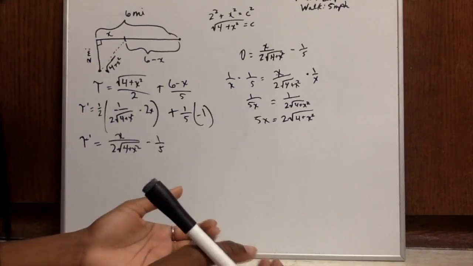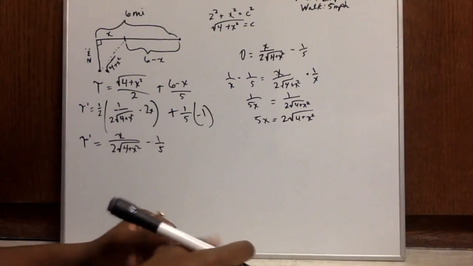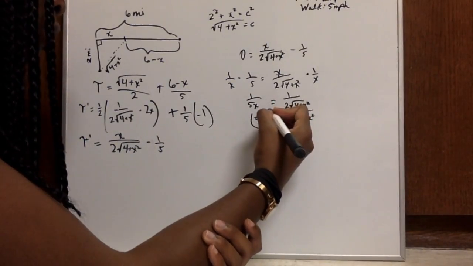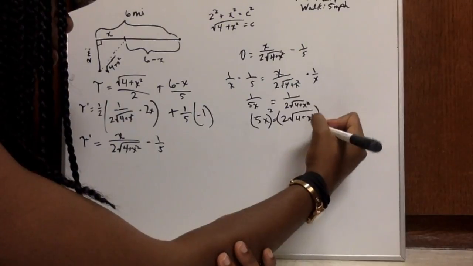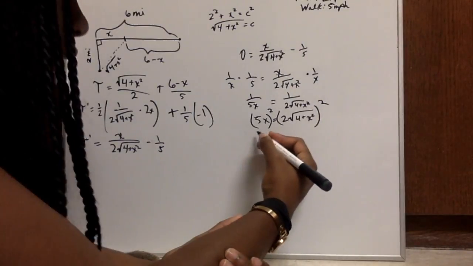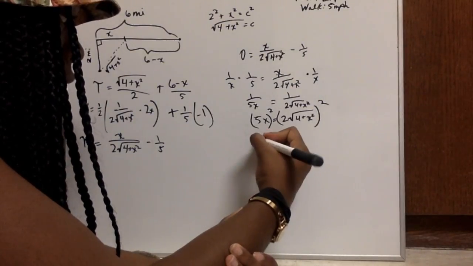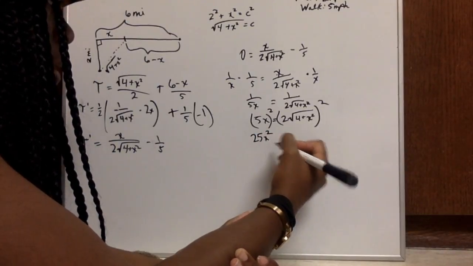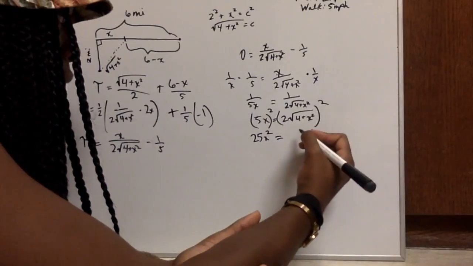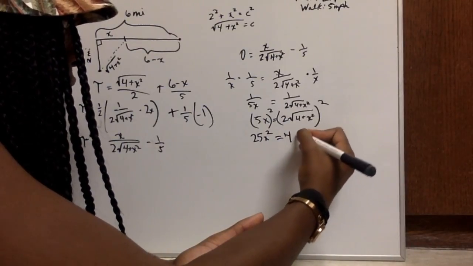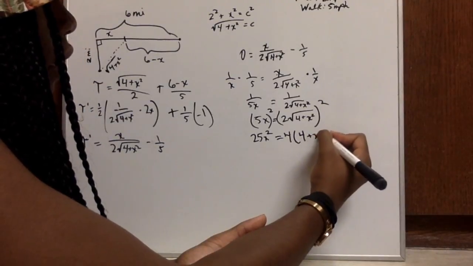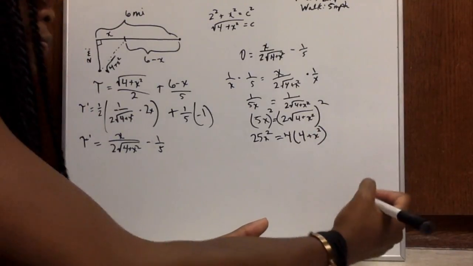Here I'm going to square both sides in order to get rid of this radical. 5x squared is going to be 25x squared, which equals 4 times 4 plus x squared.